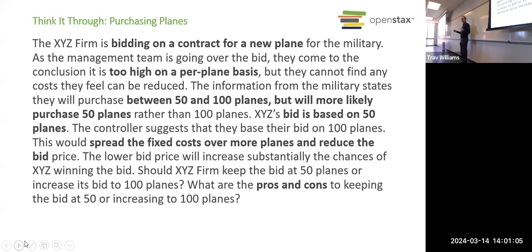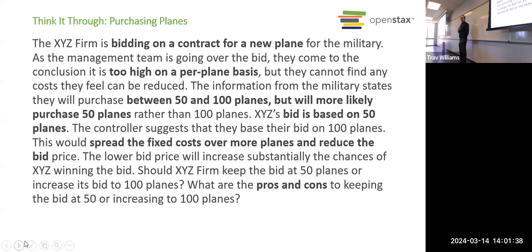Not to mention the fact that our fixed costs are spread out further saves us some money. So it would make sense for us to bid on 100 planes, right? Because then we can come in at a lower price per unit than if we bid on 50 planes. But what's the potential problem with that strategy?